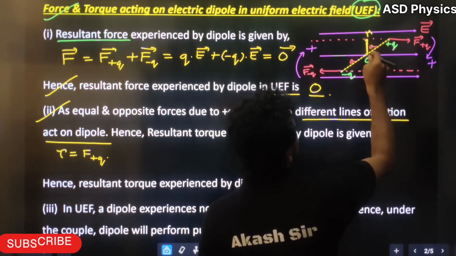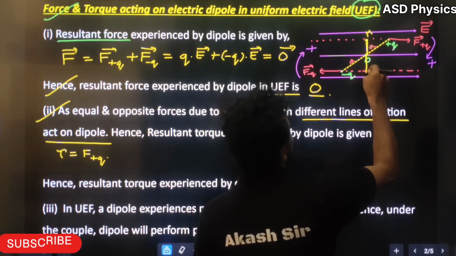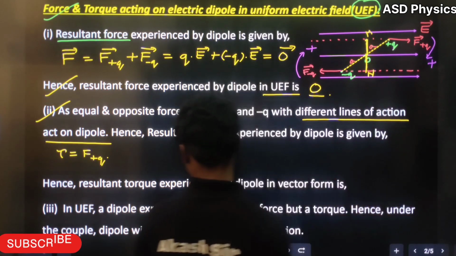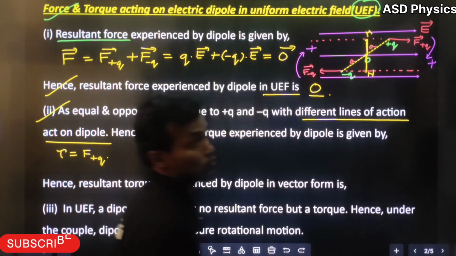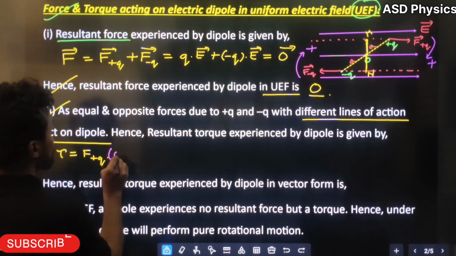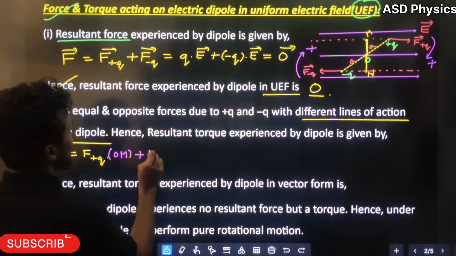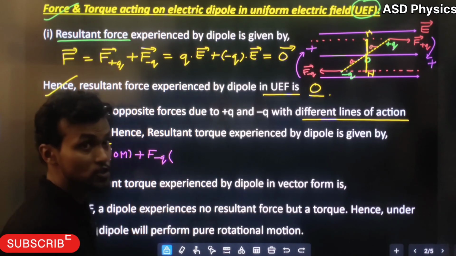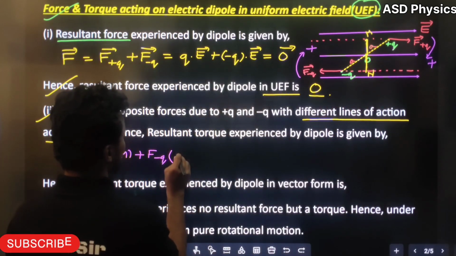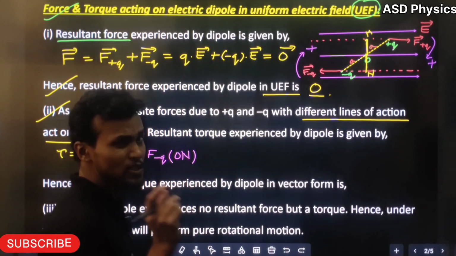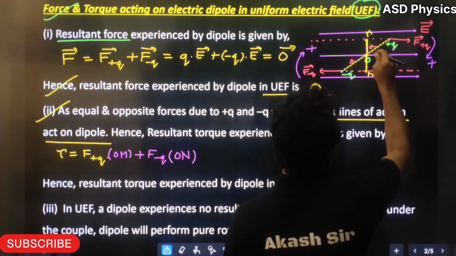This is M, and this perpendicular distance I have taken N. So can you see very well what is the perpendicular distance of the line of action of F plus Q? Now, so here we can write OM. Similarly, F minus Q, and students here please, the perpendicular distance how much? ON, is it?